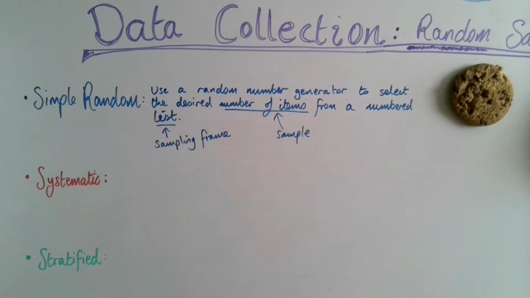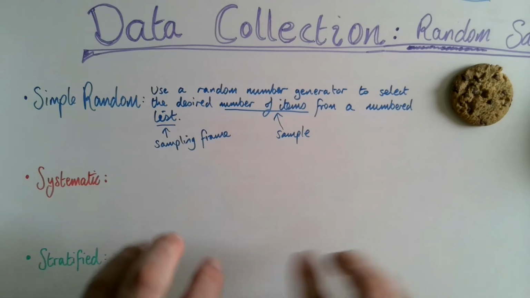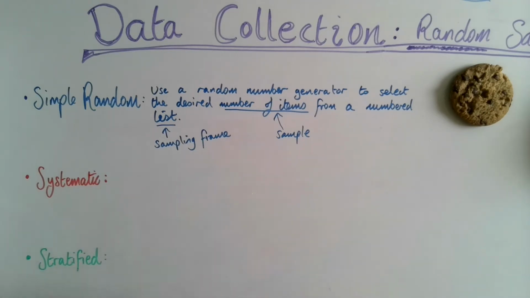Okay, now one problem you might have if you've made your chocolate chips. I don't know how they make chocolate chip cookies, but I imagine they have a great big pan of all the biscuity stuff, and then they've chucked in the chips, stirred them all in, picked them all out, and lined up their 50 cookies in a row. Now what may well happen is the cookies that came from the same part of the pot, that were close to each other, are probably going to be quite close to each other in the line.